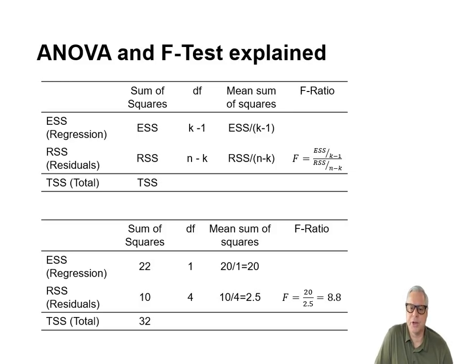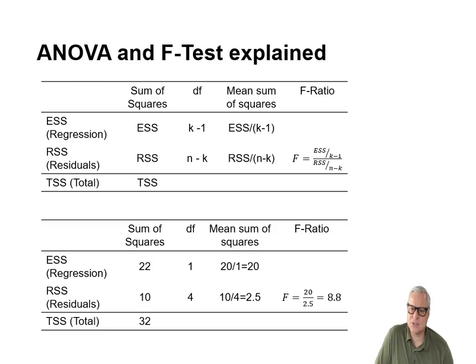Then we report the degrees of freedom. The regression was based on two coefficients, an intercept and a slope. That means we have 1 degree of freedom. The residuals have 4 degrees of freedom because our sample had 6 observations, but we need to subtract the 2 estimated coefficients.